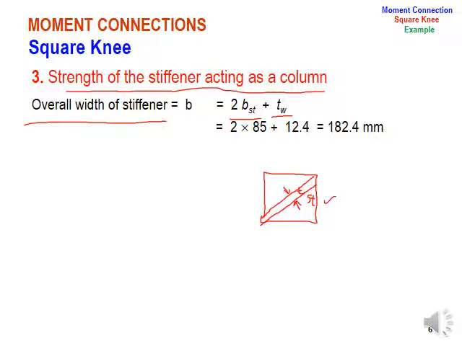Now if we see our connection from this side view, then we can draw it as, first of all, the thickness of the web of the beam. It will be TW, this one. Then you can see this diagonal stiffener as a straight plate, a straight line.